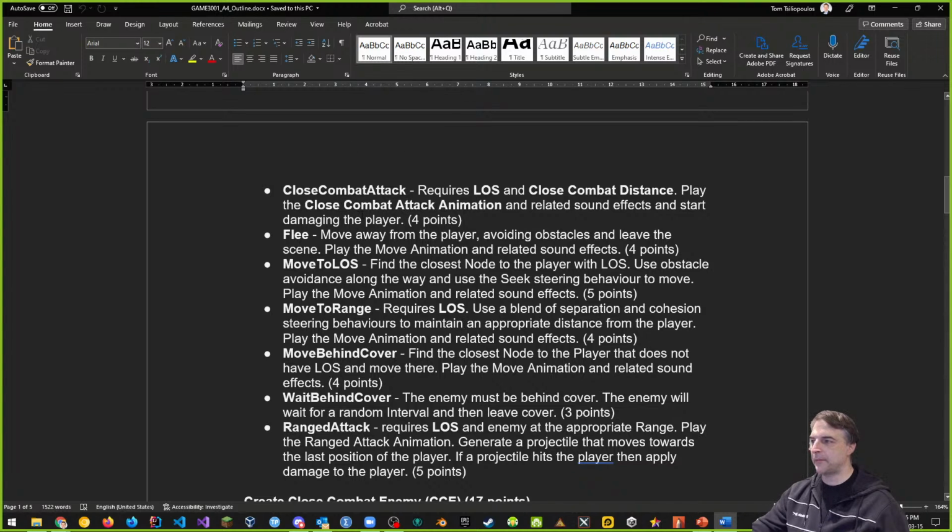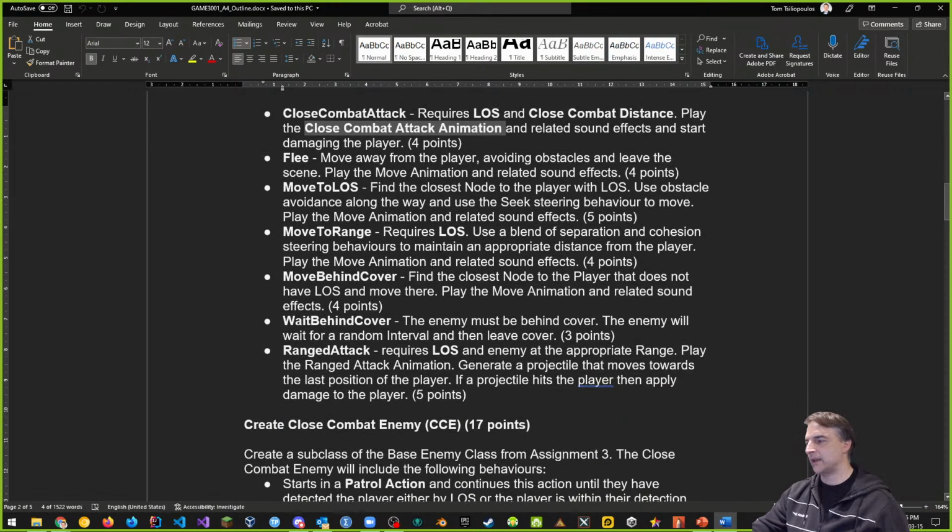There's also some sub actions. Close combat attack animation might be linked to the close combat attack state, and there might be other kinds of actions related to that particular state. For example, in move to line of sight, you'd play the move animation. That might be a series of actions you're going to take inside of the move to line of sight state. Or when we're transitioning from one state to the other, I'm playing the move to line of sight action.